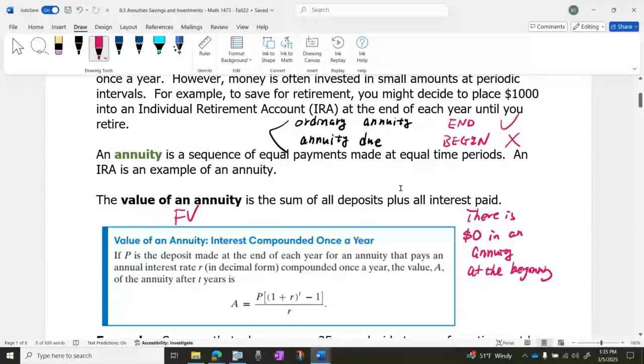For example, if you deposit the payment once a month, at the end of each month, then the account will compound the interest monthly. If you deposit your payment at the end of each year, then the account will compound the interest once a year, so annually. Does it make sense?